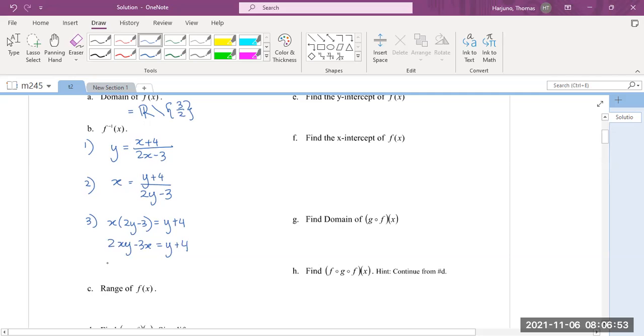Move the y terms to one side and the one without y term to the other side. I will factor the y now. So this is y times 2x minus 1 equals, oh, I'm sorry, this is 3x plus 4.